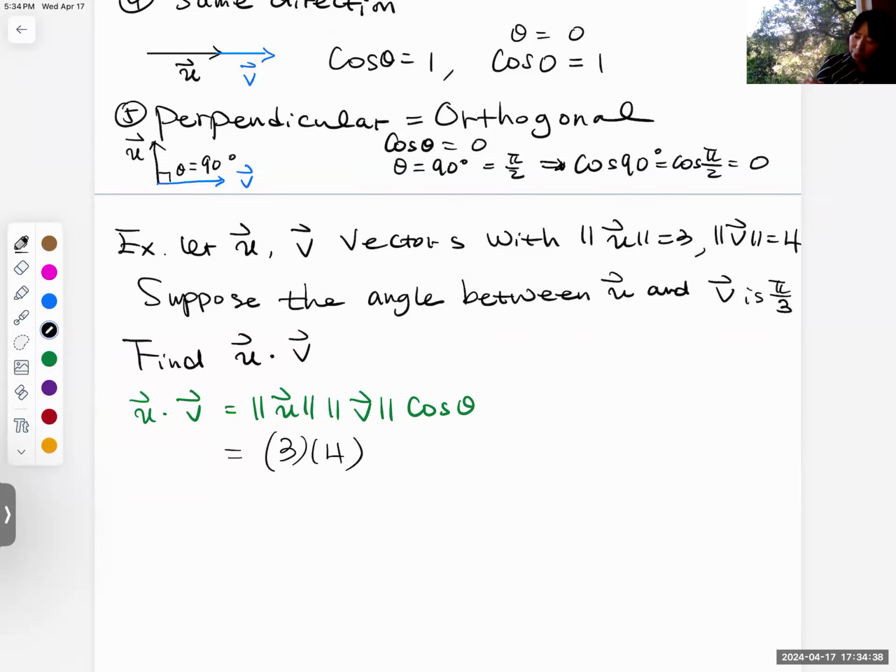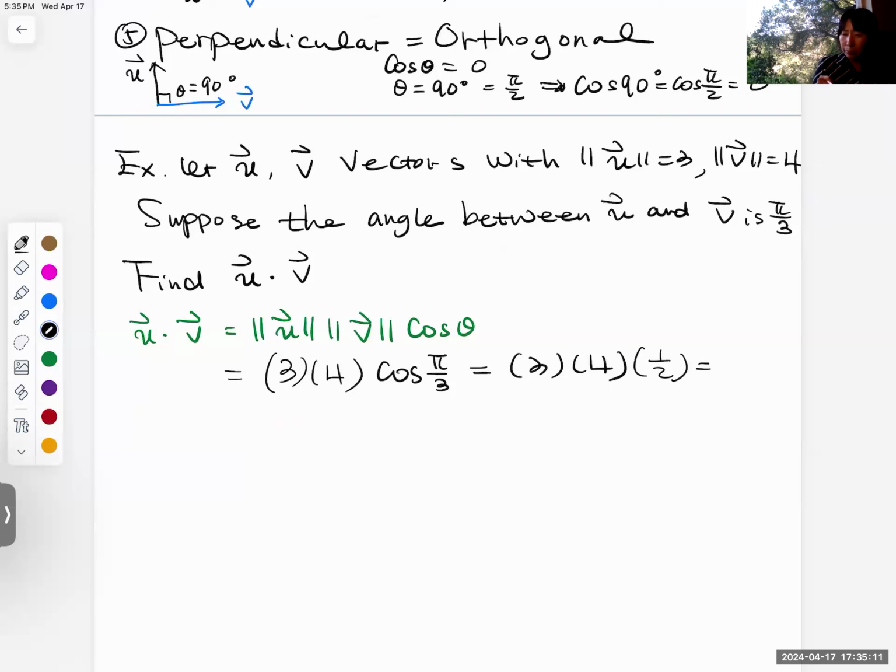And cosine pi over 3, because they say that the angle is pi over 3. So what is the cosine pi over 3? Yeah, it's 1/2. Good. Now, can you please calculate? I'll do it faster. 6. I can see it directly, right? Okay. Confirm. Very good. Thank you so much for confirming.